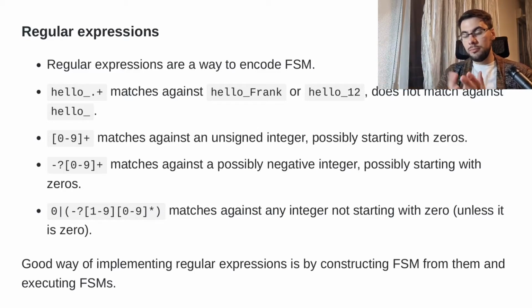And if you put a symbol and then a plus, it will mean one or more matches of the symbol that was before the plus. Like here, for example, hello underscore dot plus will match any string that starts with hello underscore and then has one or more letters. And those letters can be different. They don't necessarily have to repeat.